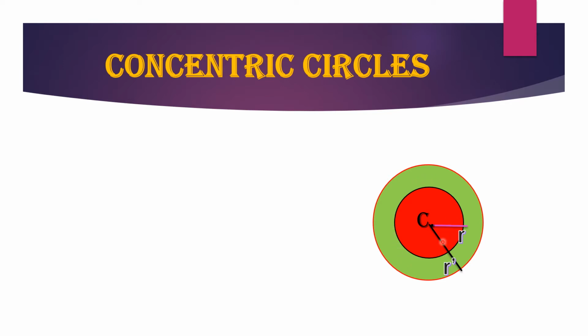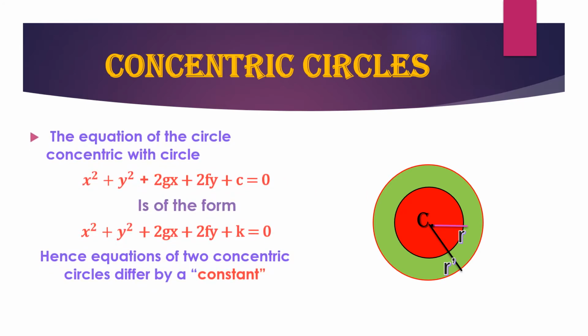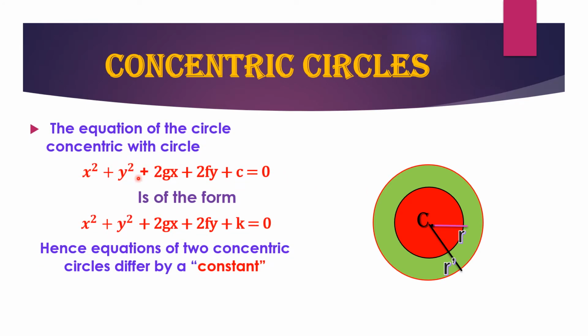Now in equation form, the equation of a circle is x square plus y square plus 2gx plus 2fy plus c equals 0, and another is of the form x square plus y square plus 2gx plus 2fy plus k equals 0.